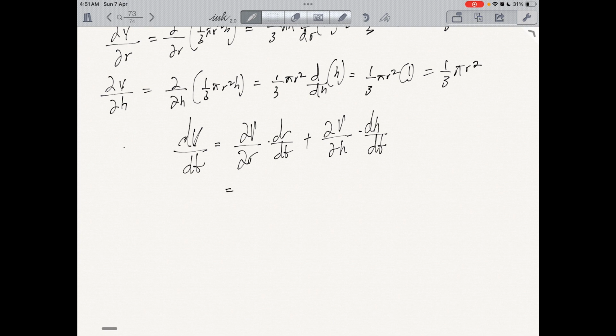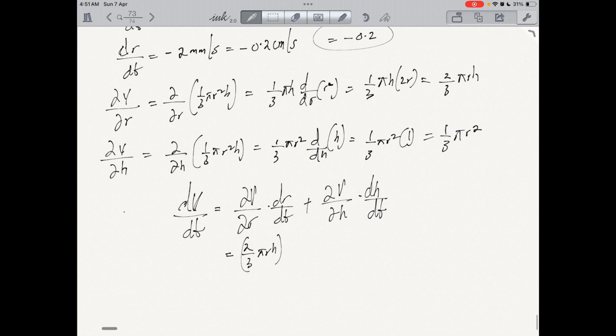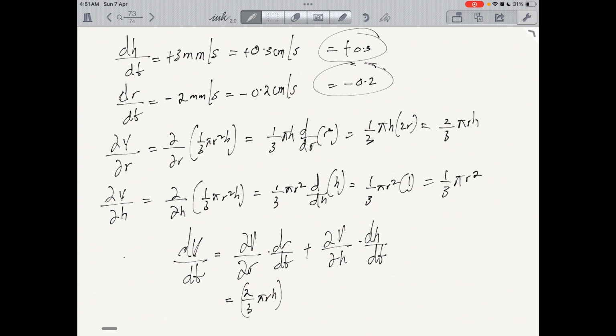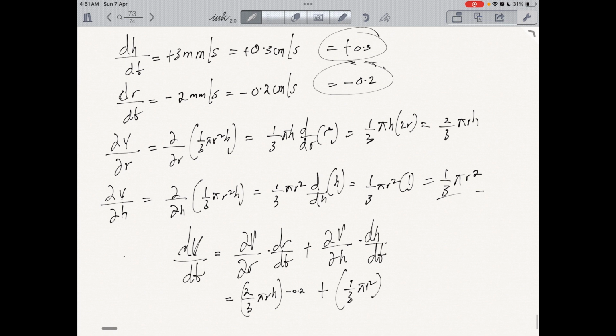So let us substitute, and we have 2 over 3 pi r h, and our dr/dt is minus 0.2, plus dV/dh, that's 1 over 3 pi r squared, multiplied by our dh/dt, that's 0.3.